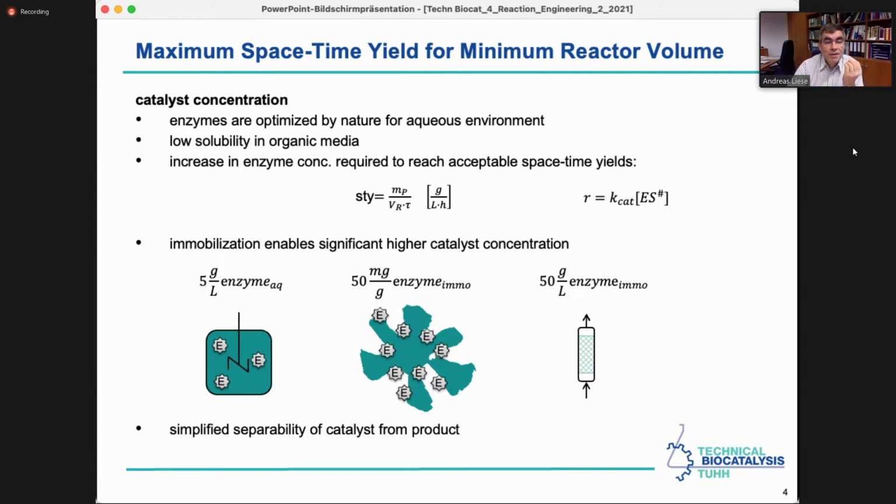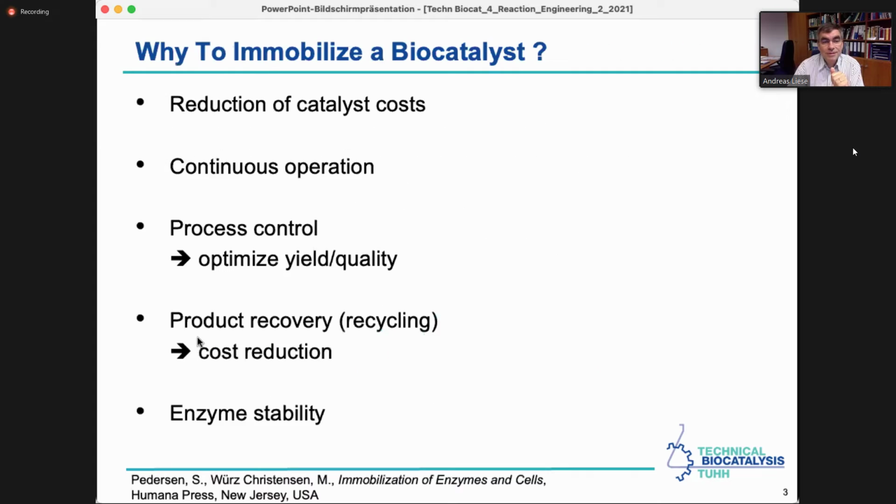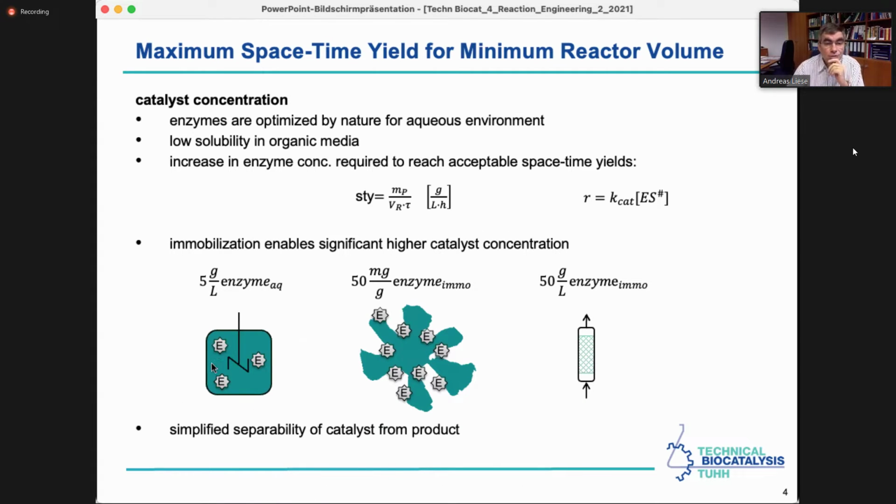And the solubility of this macromolecule is limited until it starts to precipitate, or because of high concentration starts to adsorb on any surfaces in a fast manner. Therefore, a typical concentration of an enzyme that's being used is 5 grams per liter of native, homogeneously solubilized enzyme in a stirred tank reactor.